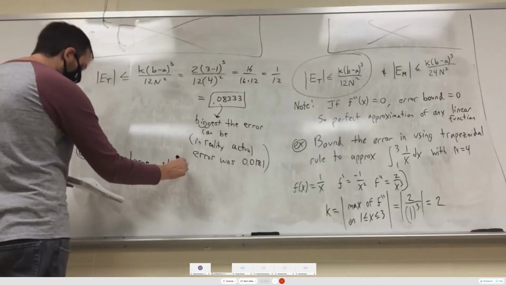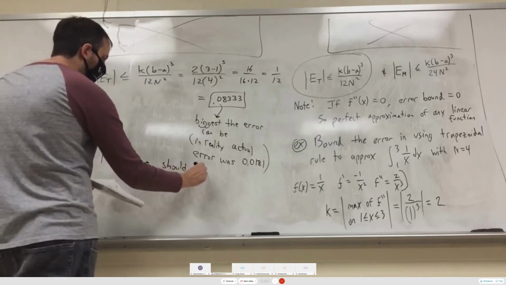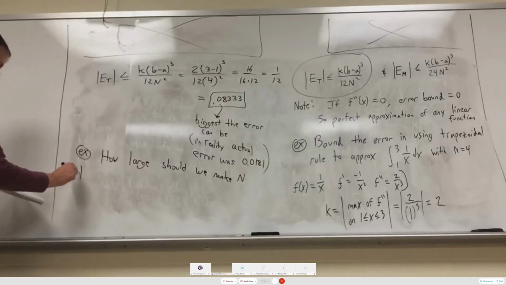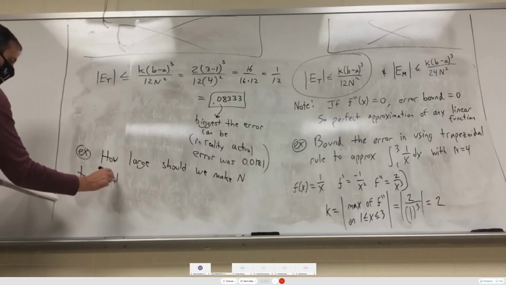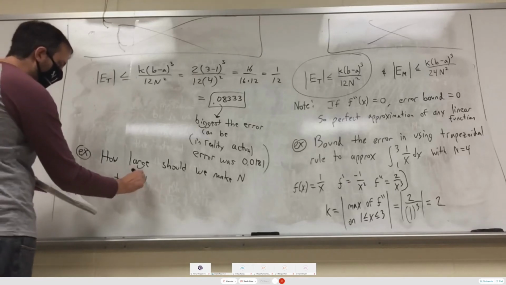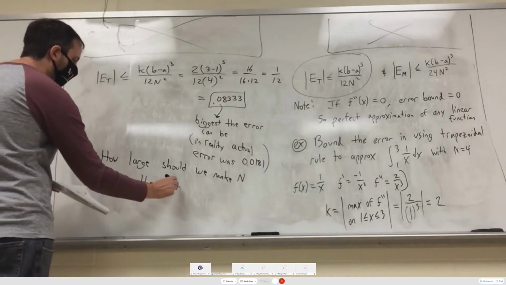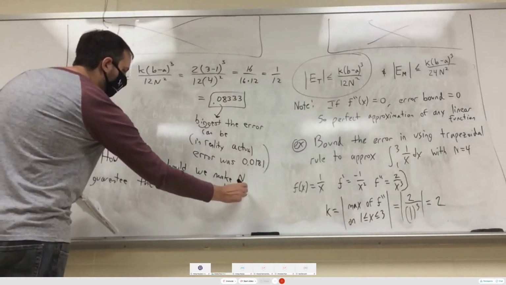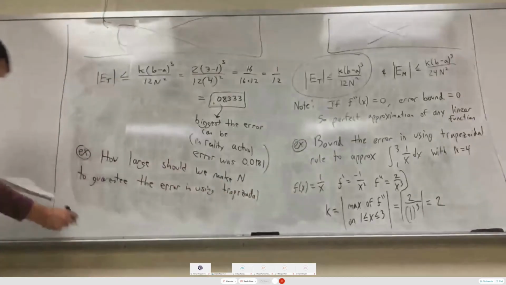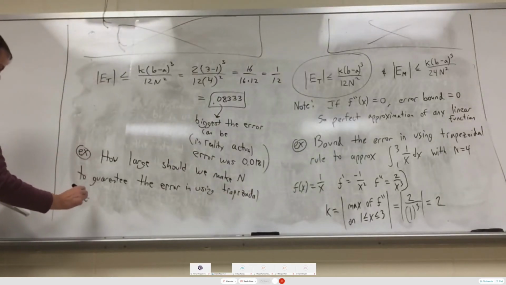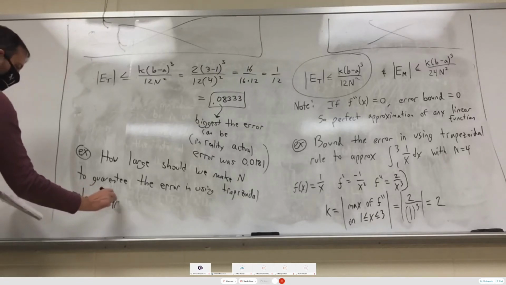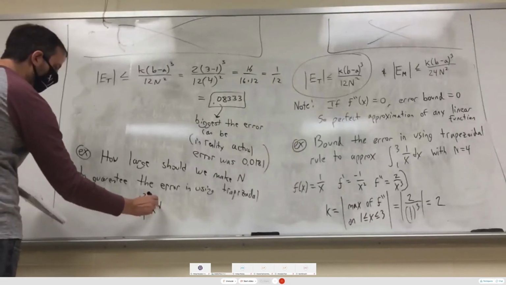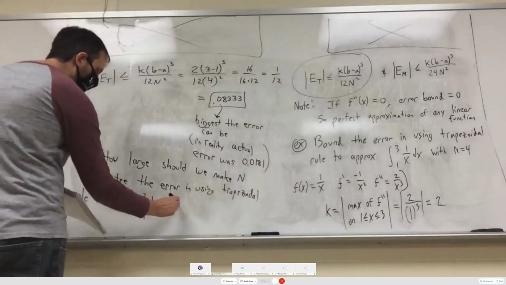The question, the B part, is how large should we make n, the number of subdivisions, in order to guarantee that the error in using the trapezoidal rule to approximate this integral that we've been dealing with the whole time, the integral of 1 over x dx from 1 to 3, is under 0.0001.